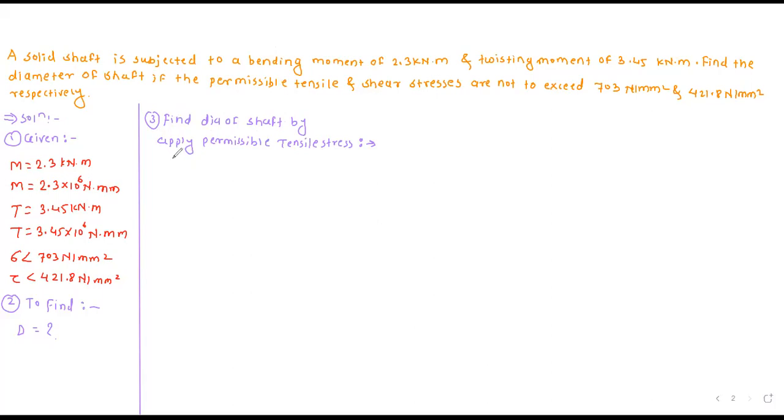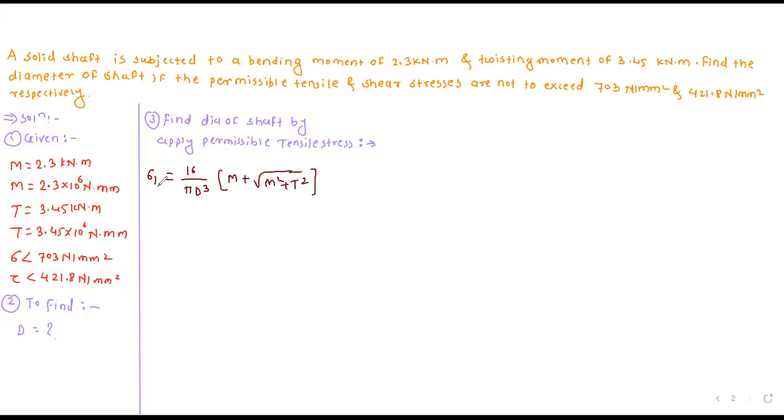What is the equation for finding sigma 1? Sigma 1 equals 16 divided by pi d cube, in bracket M plus square root of M square plus T square.